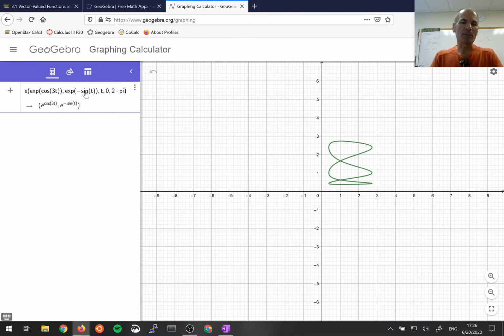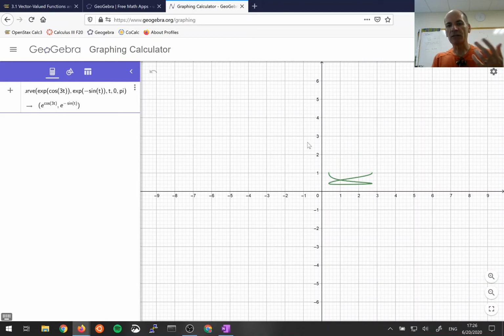Maybe I could have gone out to pi. 2 pi I chose because that's going to cover one complete period of the sine function. And it's going to do several periods of cosine 3t because cosine 3t is oscillating more quickly due to the 3. But I know that together they're both going to complete a whole period, and so that should trace out a closed path, which is what we see here. If I only go, say, half of 2 pi, let's see if that changes things.